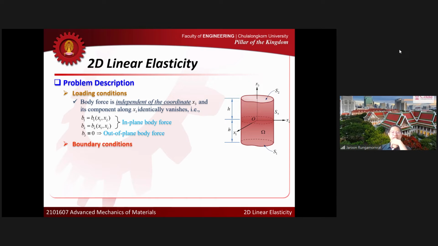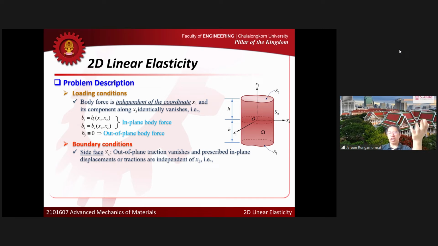How about the boundary conditions? If we look at the boundary of the body, it consists of 3 parts. Look at the side face first, the side face S pi. We look at the special case here. The condition we will focus on is that on the surface S pi, the out-of-plane traction has to be 0 everywhere.